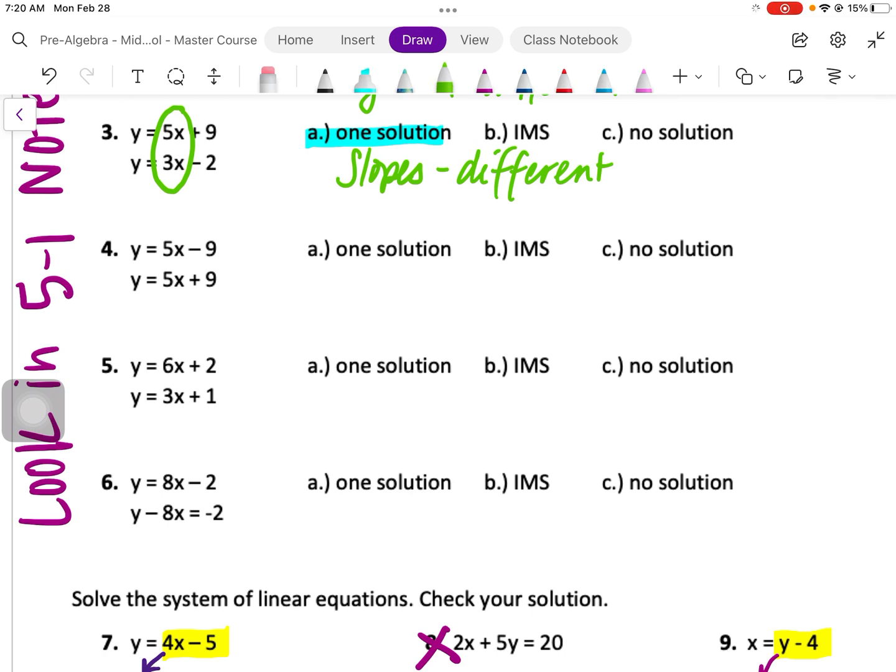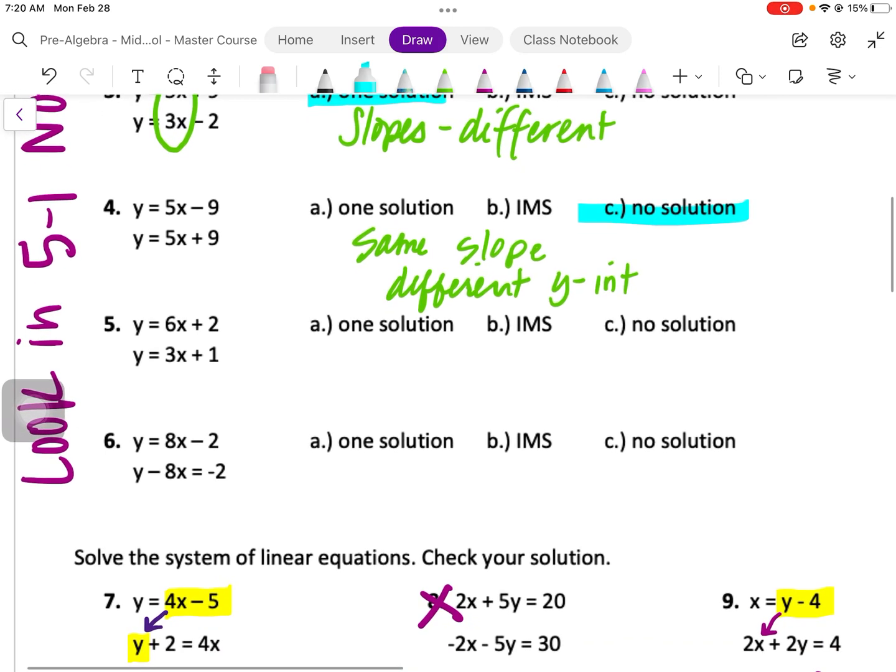Number 4, again, both equations are in slope-intercept form, so I can see that these have the same slope and different y-intercepts. So this is going to give me no solution. And again, remember -9 and +9 are not the same number.